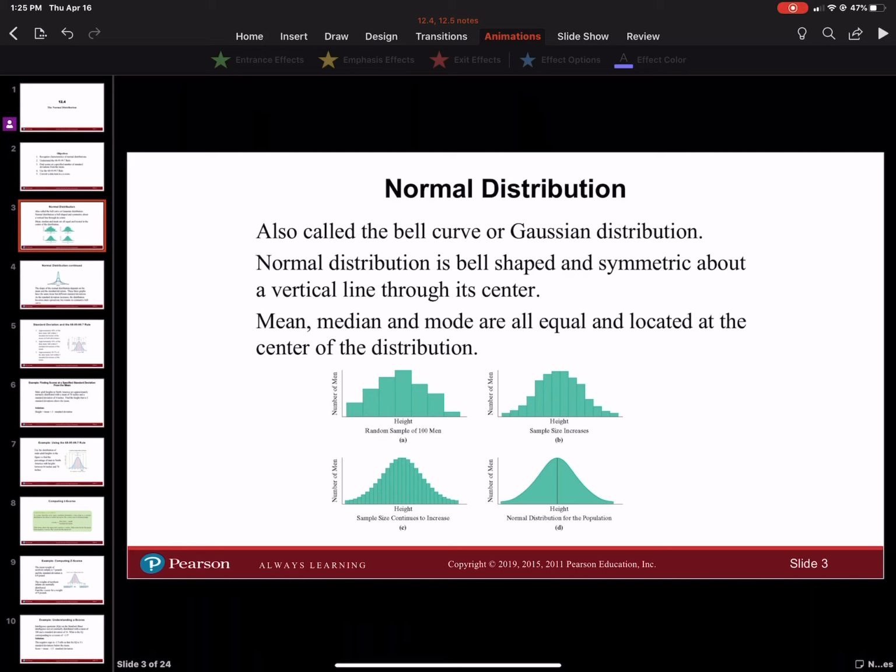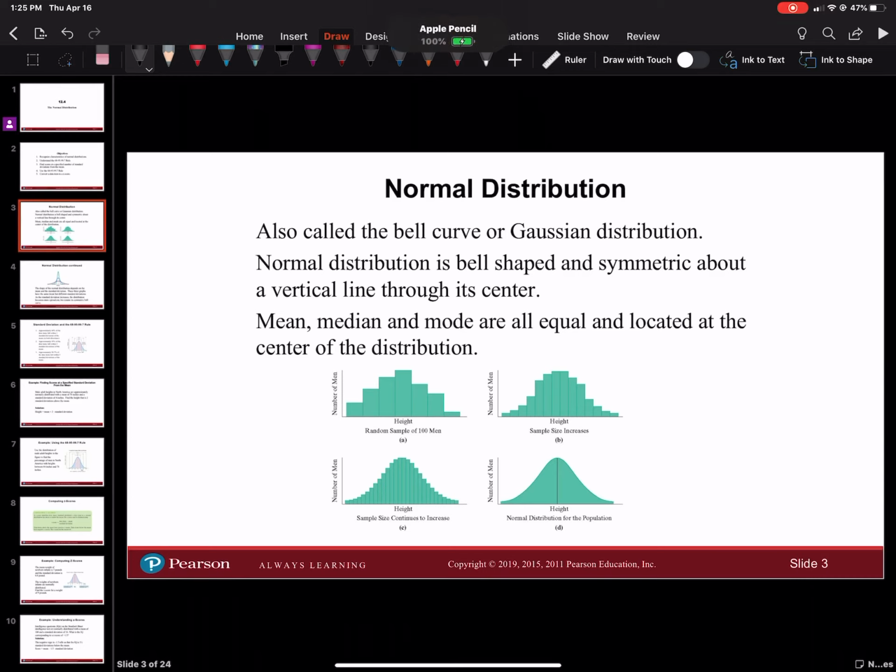So basically it's saying that if you look at this last one right here, we have the bell-shaped curve.